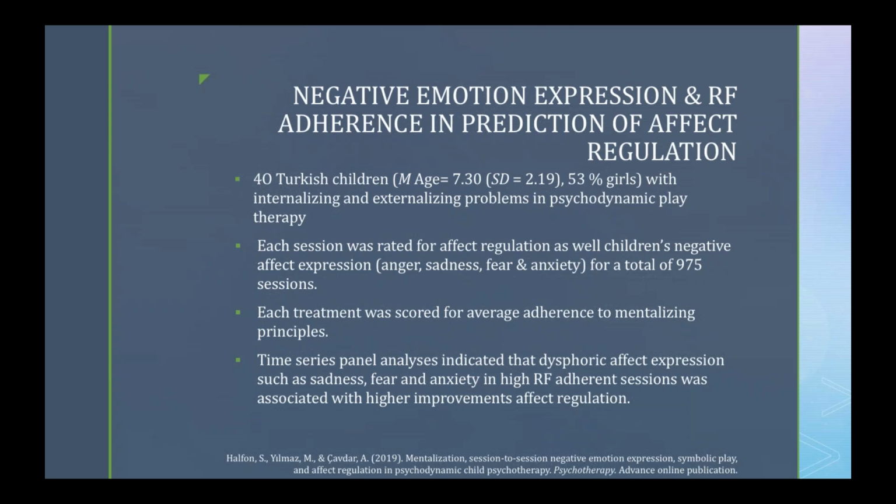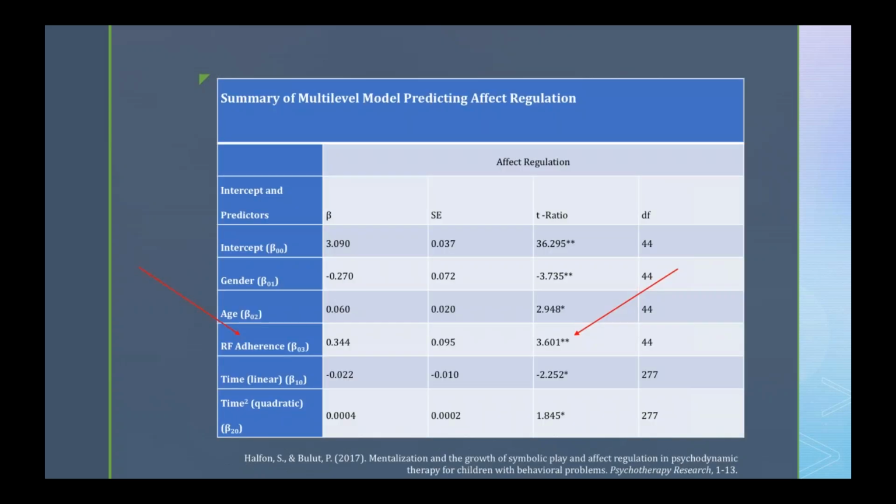It depends on how you define effectiveness, but if we're talking about affect regulation, in our studies, we control for age. So in all these analyses, you will see that gender and age, we control for them. In terms of diagnoses, we find that improving affect regulation contributes more to gains in externalizing problems.